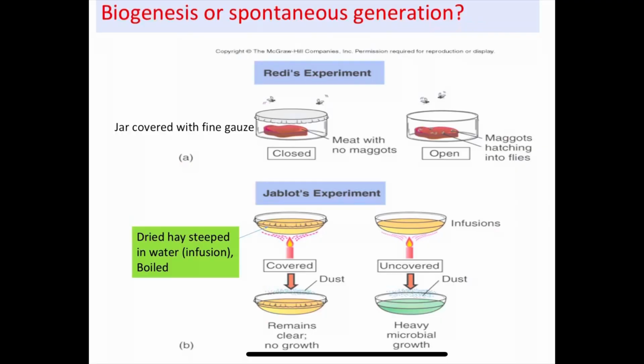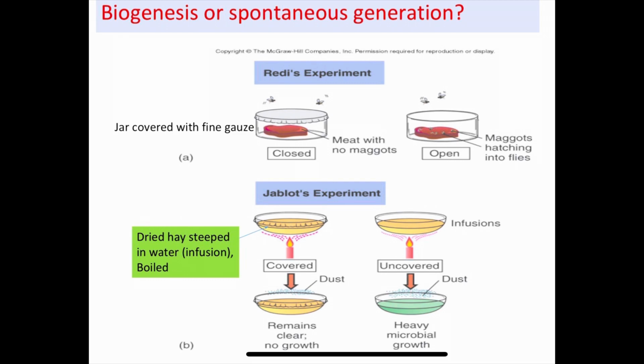Then we had some important experiments by Francesco Redi, where he had a jar with some meat in it covered with some fine gauze, and some flies laid some eggs on top of the gauze without having access to the meat, and then their offspring were generated as a result of that.